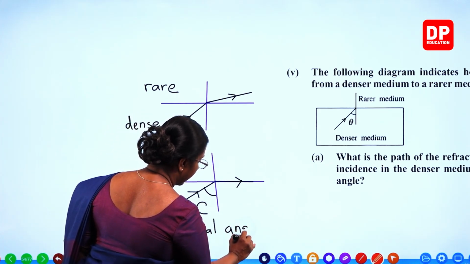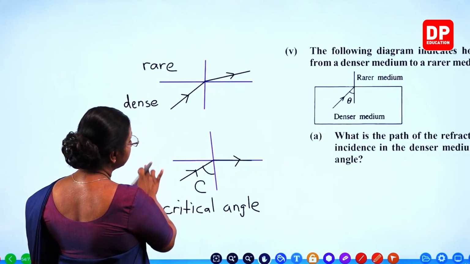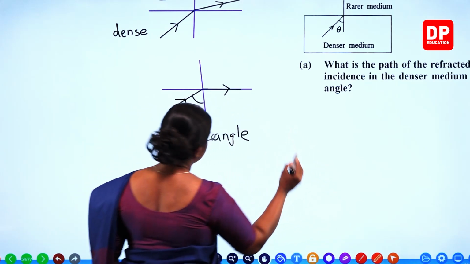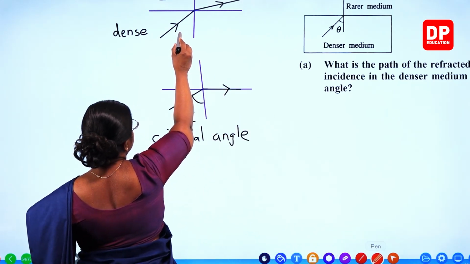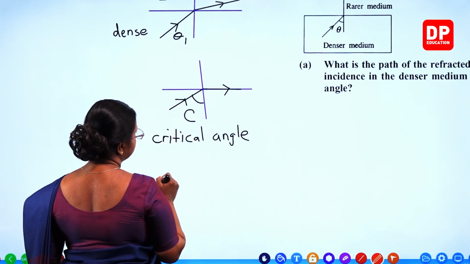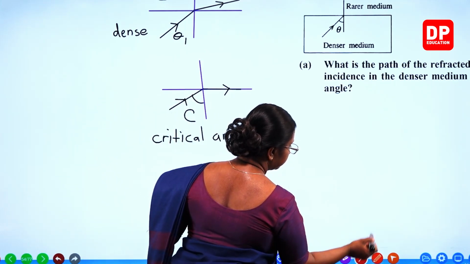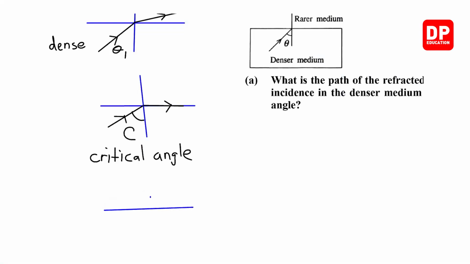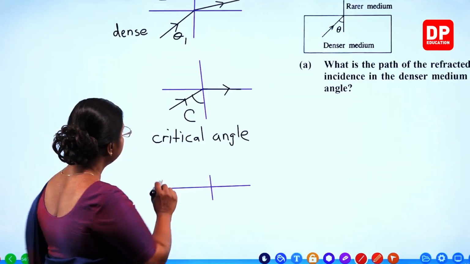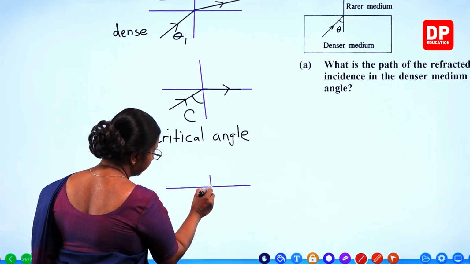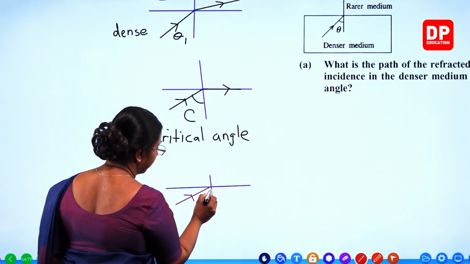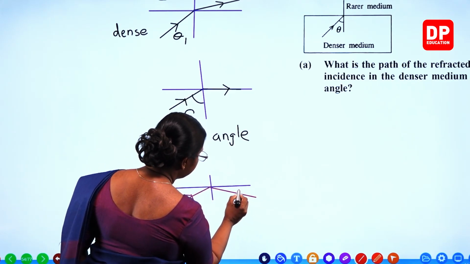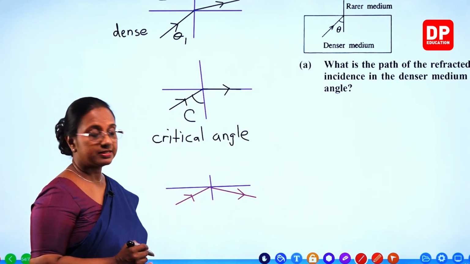Critical angle. Now after the critical angle, if we increase the value, let's say we will take this as theta 1, this is critical angle, then if you increase the angle of incidence, it will not refract, instead it will reflect within the denser medium.